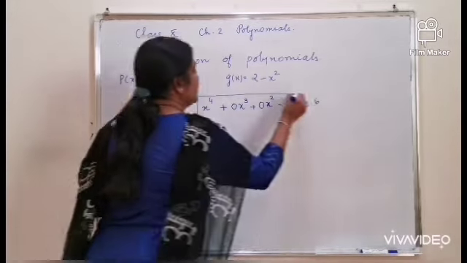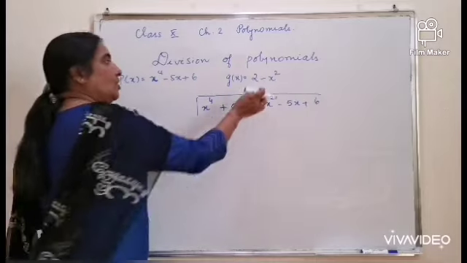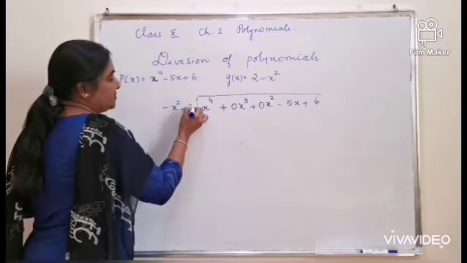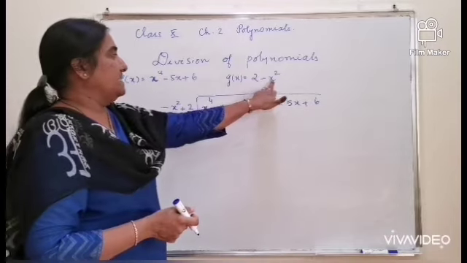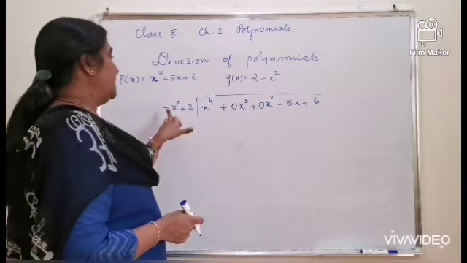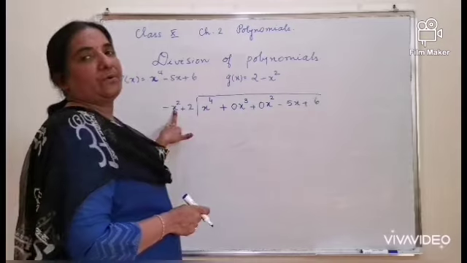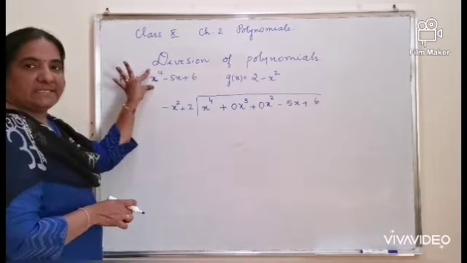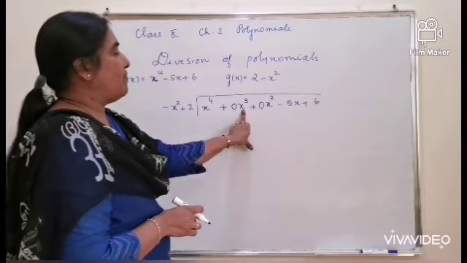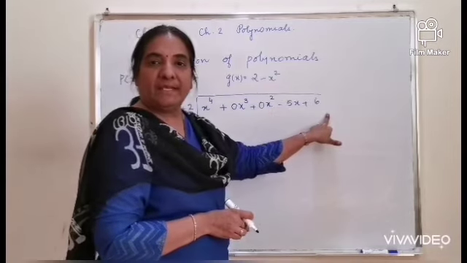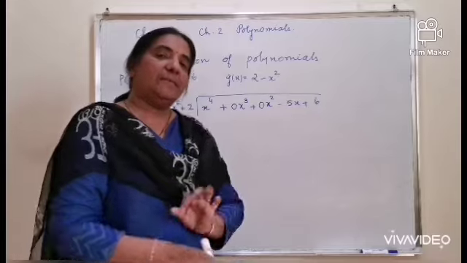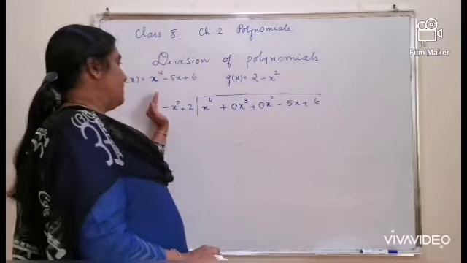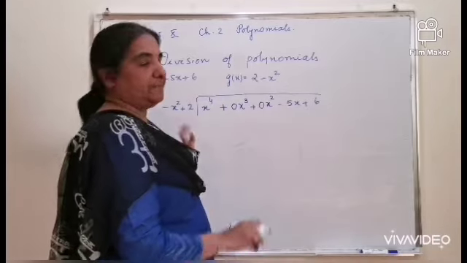This is the first step, and the divisor is arranged as minus x square plus 2. Here you need not write 0x in the divisor, only in the dividend. Please make sure that you have all the powers of the variable so that it will be easy for you to arrange the terms when it comes to the product.